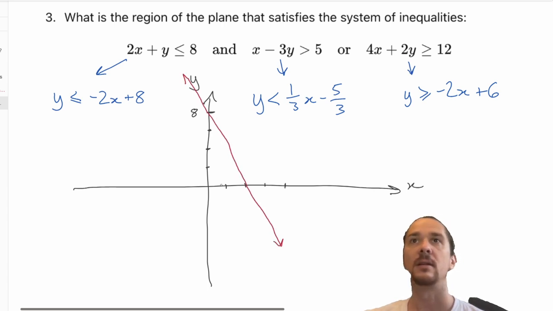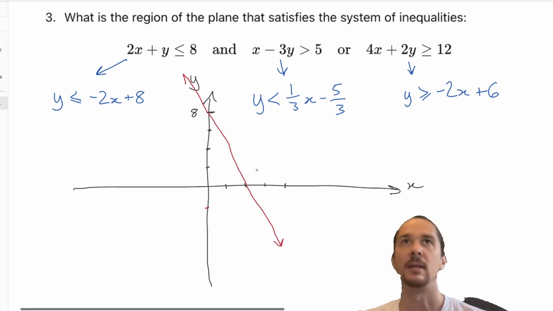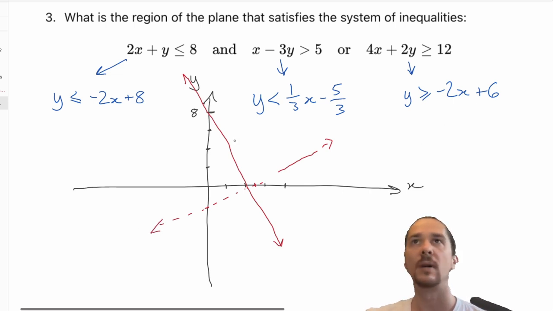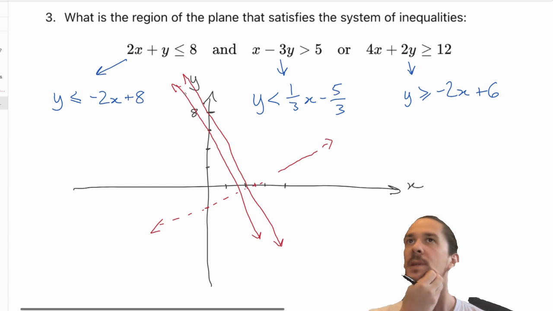Our second line is going to go through negative 5/3, that's negative 2 1/3, and then it'll cross at 5, which is going to be there. And this one is a dotted line. And then the last one, negative 2x plus 6. Oh, interesting. This is parallel to the first line because it also has that same gradient of negative 2.